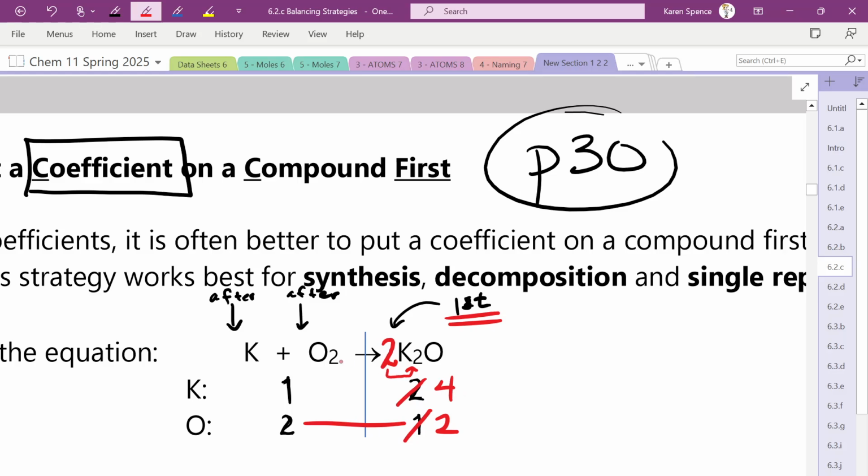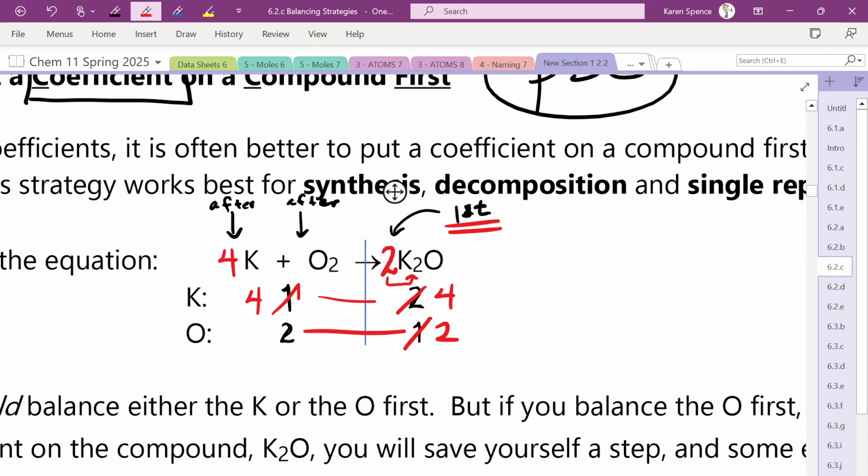And now I can just put a 4 in front of the K over there, and that'll fix my K. And now I've got 4, 4, 2, 2 all done. You could probably do this any which way because it's a very simple little reaction. But just in general, putting coefficients on your elements last, on your compounds first, will make your life easier. Okay?